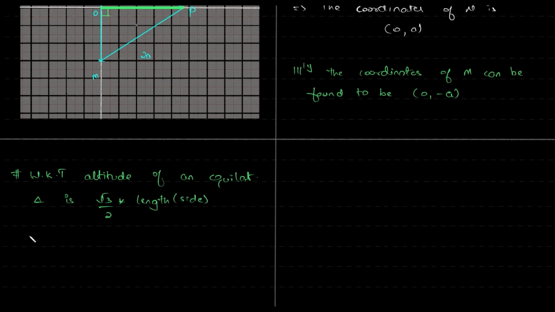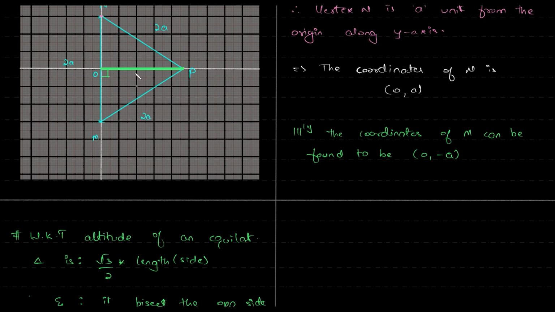And also, there's one more fact, it bisects the opposite side. So what can you infer from this? If it's bisecting and also it's of length root 3 by 2 into the length of the side, this is of length root 3a, and this point is origin.